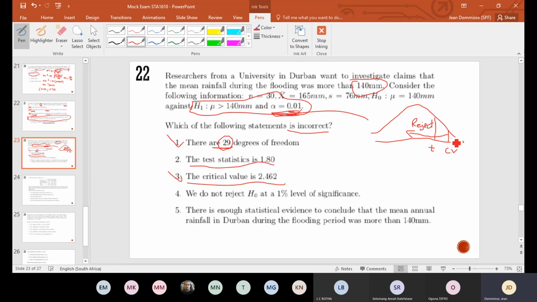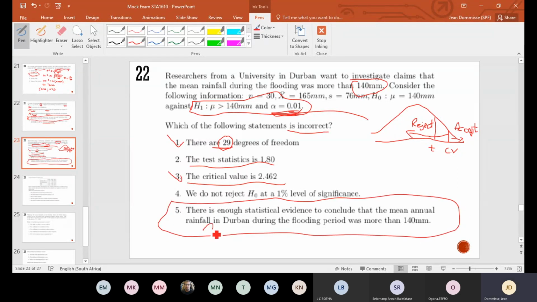If it is bigger, I accept. So basically this one says I will accept it. This one will say we do not reject it.